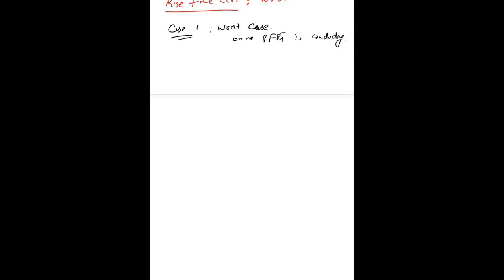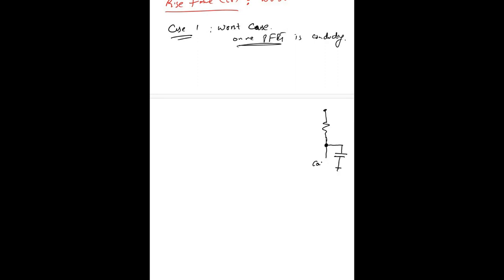If one PMOS is conducting, then the Cout capacitance will be charged through the RP resistance. So for this case, when one PFET is conducting, the equivalent circuit is given by this resistance here. Then we have this node, the output node here. Then we have the output capacitance, this Cout here.